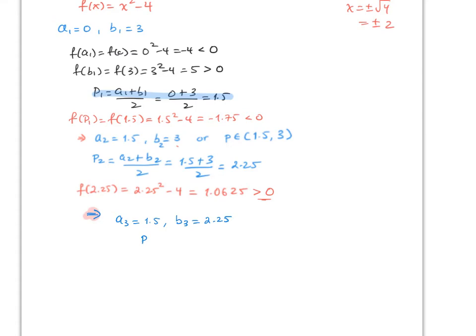So therefore p3 is going to be 1.5 plus 2.25 divided by 2, which is 1.875.